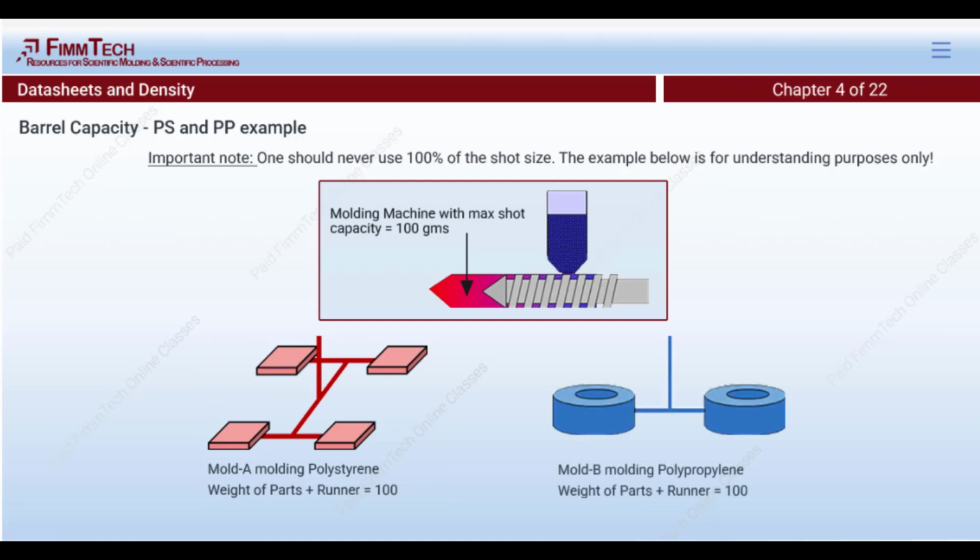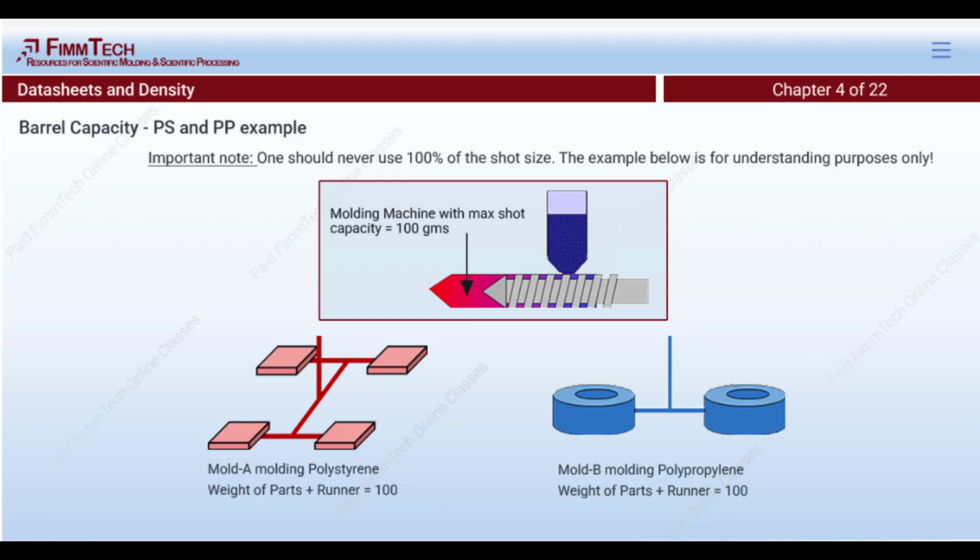Now you've got a second mold that molds polypropylene. It's mold B. These are completely different parts, and the weight of the parts plus the runner is, let's say, 100 grams. Although this is 100 grams, this is polypropylene with a density of 0.9 grams per cubic centimeter.